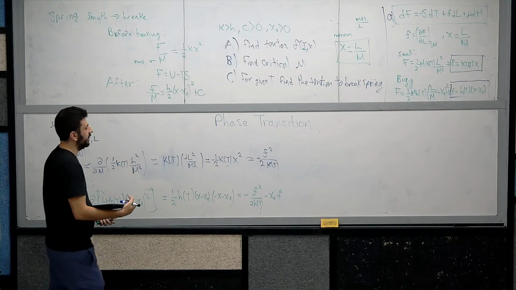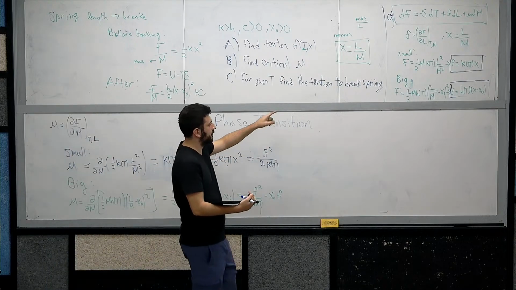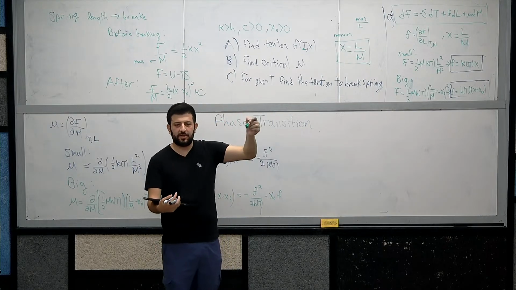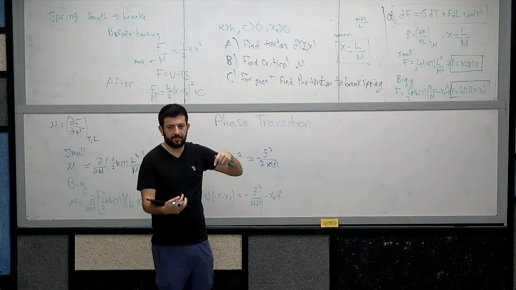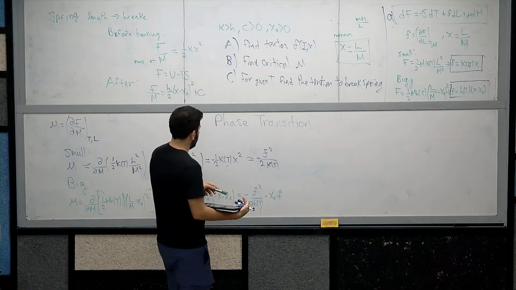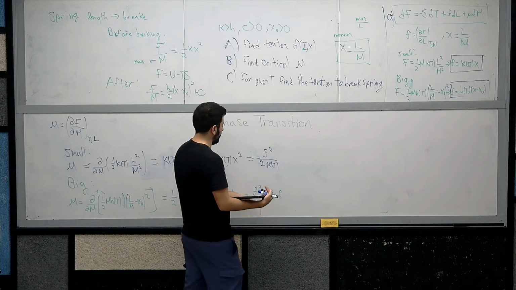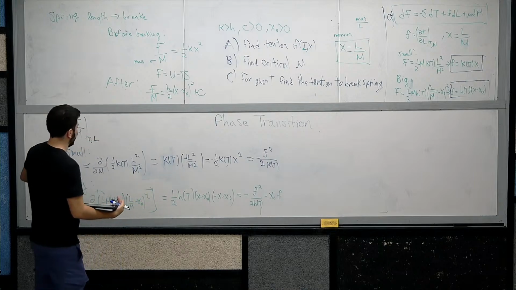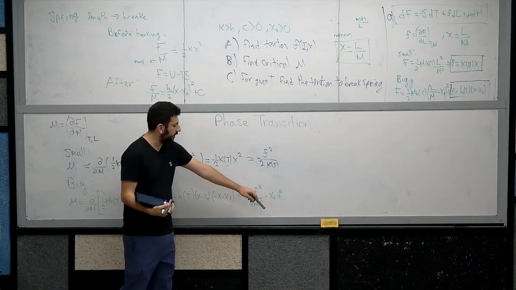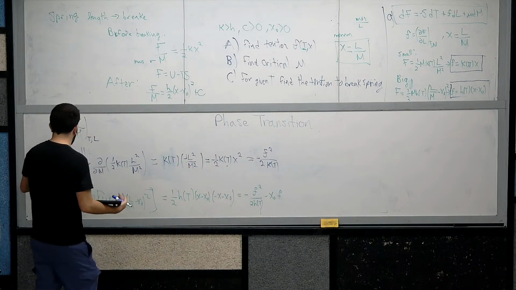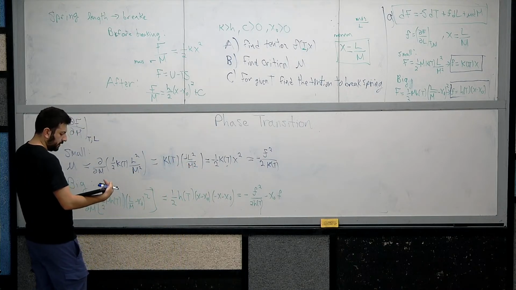And why do we care to convert them to the free energy? Because as we saw at the beginning, at the phase transition, both free energies are the same. So we can have an expression for the tension, and then we can equate them and find the tension for the transition, using the chemical potential.